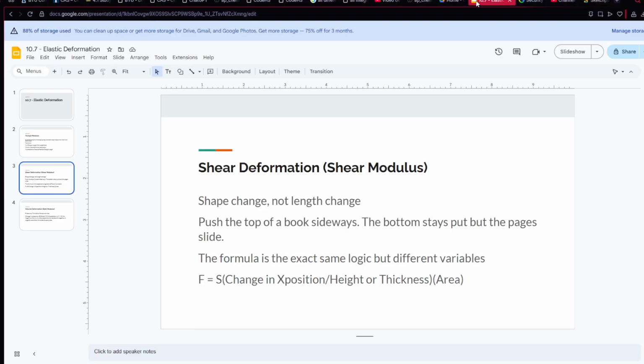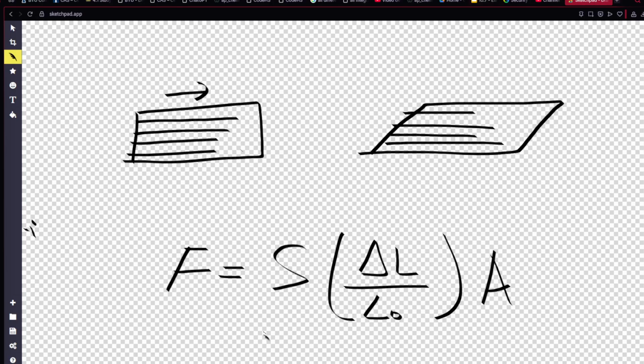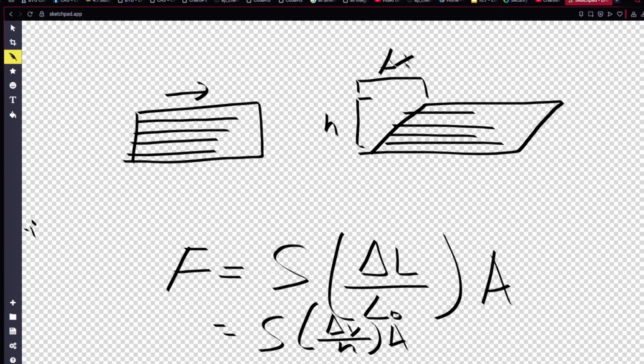But the interesting thing here is that I use a different way to put this: S delta X over H, times A. The reason being H is essentially constant here. So height is constant, and delta X is the change in position here.